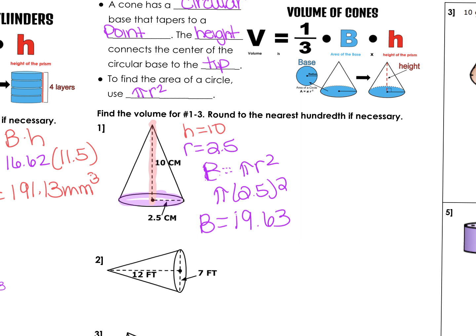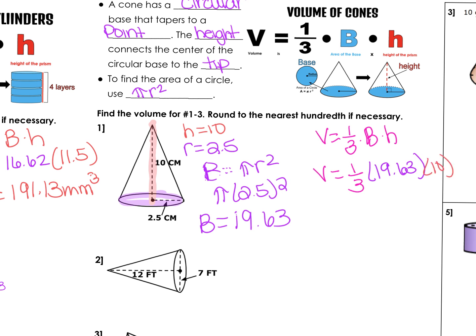Now let's continue and calculate the volume. We're not done yet. If I look at my formula located on my star chart, volume is 1/3 B times H. So I have volume equals 1/3, my big B, I got 19.63, and my height is 10.